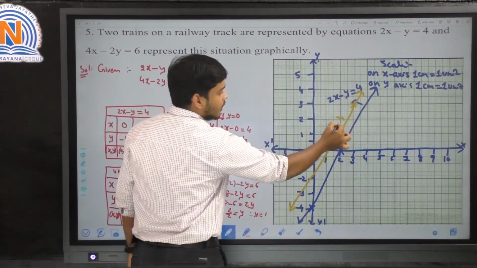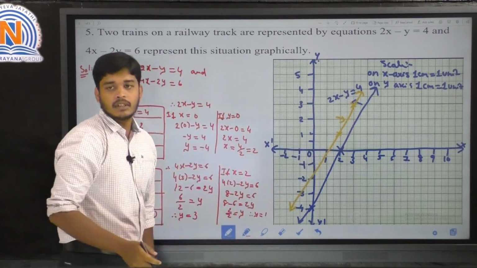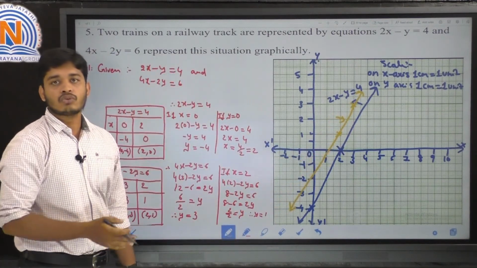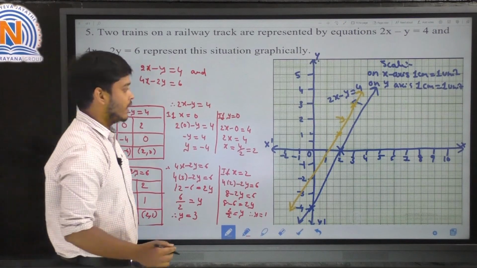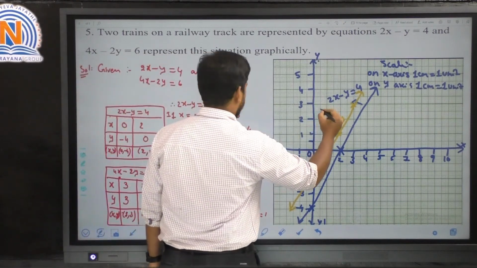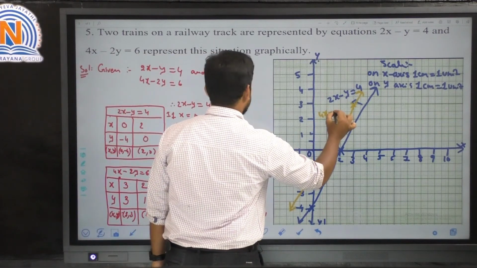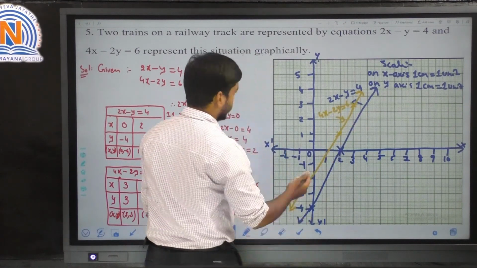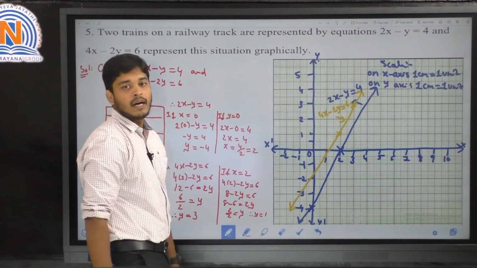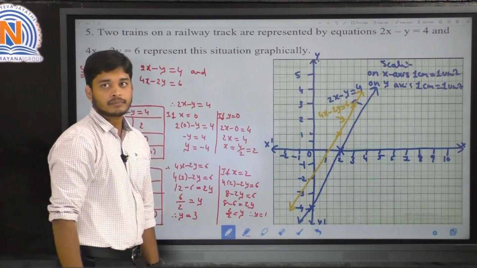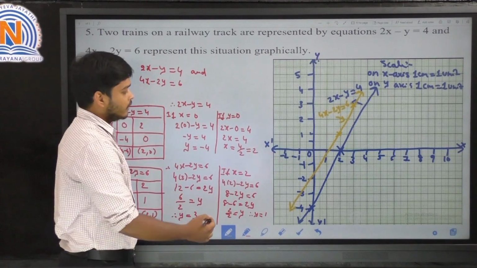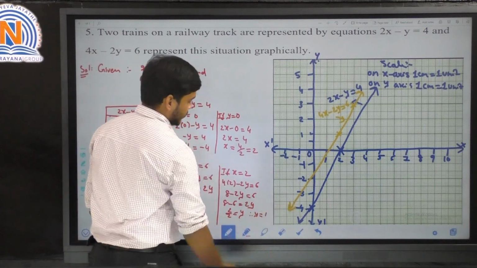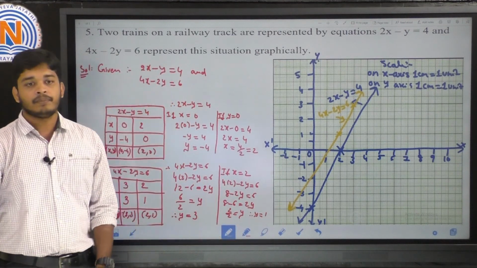These two lines are never intersecting each other. So we say that those two lines are parallel lines. So for 4x minus 2y is equal to 6, therefore, these lines are parallel lines. Parallel lines. Thank you.